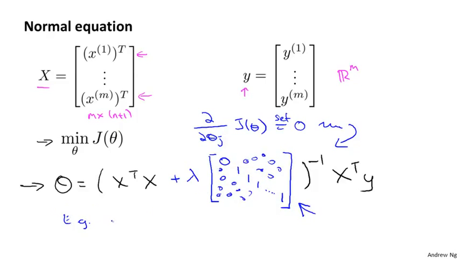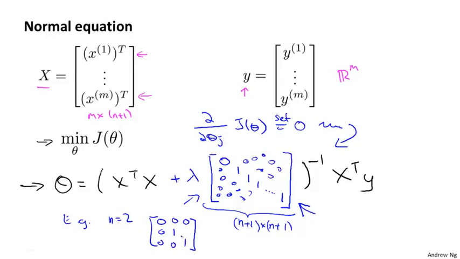As a concrete example, if n equals 2, then this matrix is a 3 by 3 matrix. More generally, it is an n plus 1 by n plus 1 dimensional matrix. So if n equals 2, it would be 0, then 1s on the diagonal, and 0s on the off diagonals.